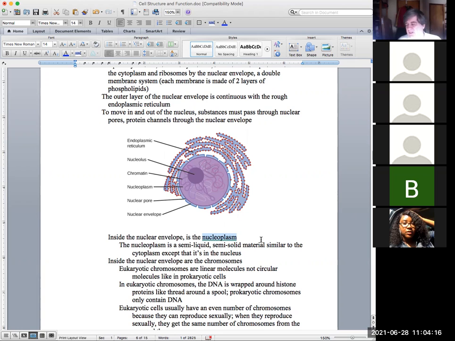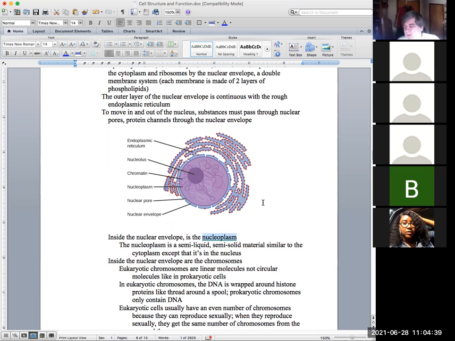And what this does is this helps to organize all this DNA. Since there's so much DNA in such a small space, this helps to prevent it from getting tangled up. Doesn't work perfectly well, you know, what does? But it does a pretty good job of keeping the DNA from getting tangled up.